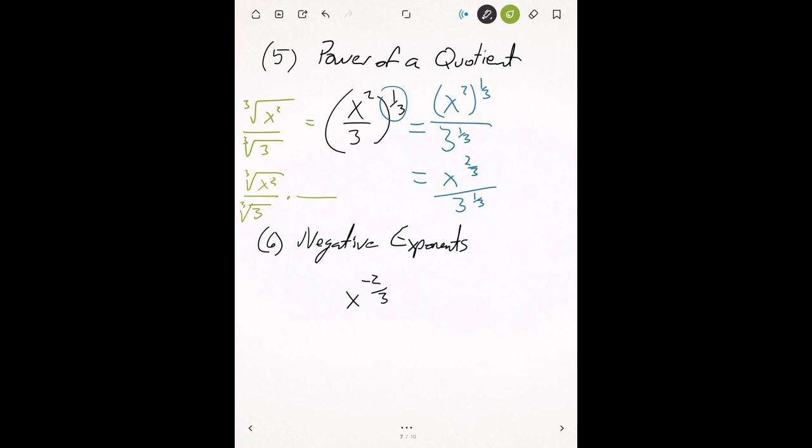So, let's see, if I multiplied that by the cube root of 3 squared, and if I multiply the top by the cube root of 3 squared, we would end up with 9x squared, and I'm taking the cube root of that, all over, well, I have the cube root of 3 times 3 squared, so that's the cube root of 3 cubed, which is ultimately going to simplify down to 3. So this is the simplified version of what we want.